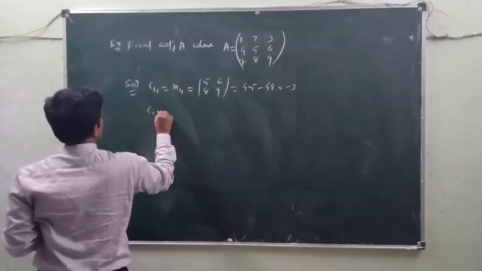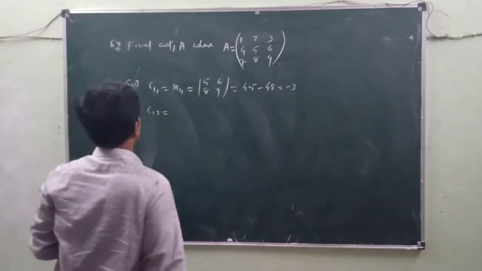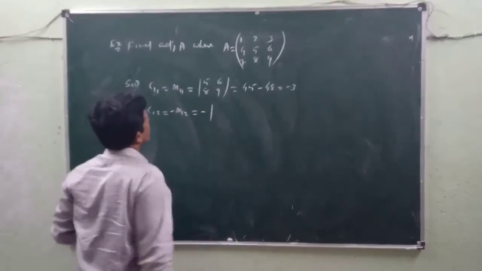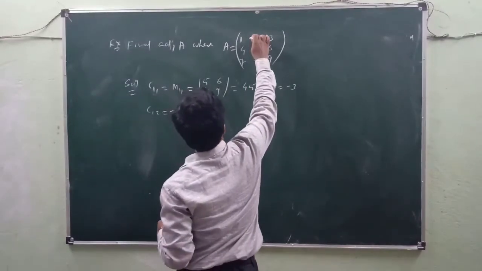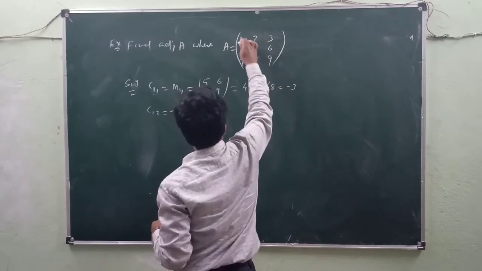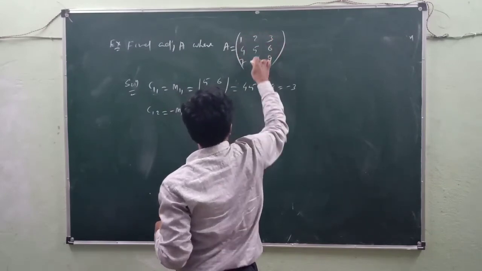Again C12 is minus of M12, the minor of 2, cancelling the corresponding row and column.